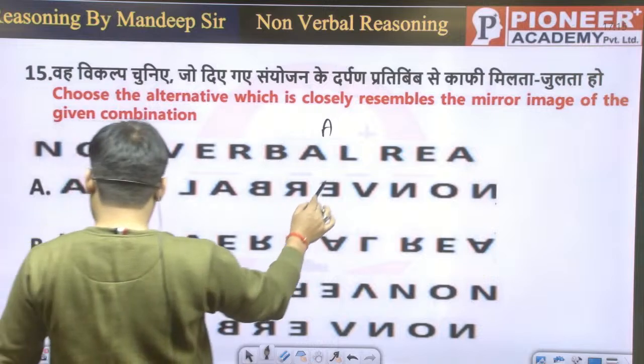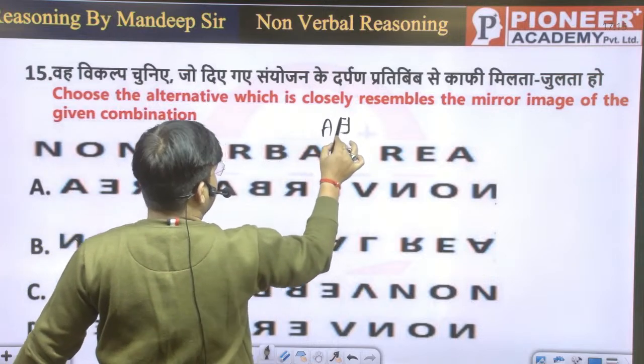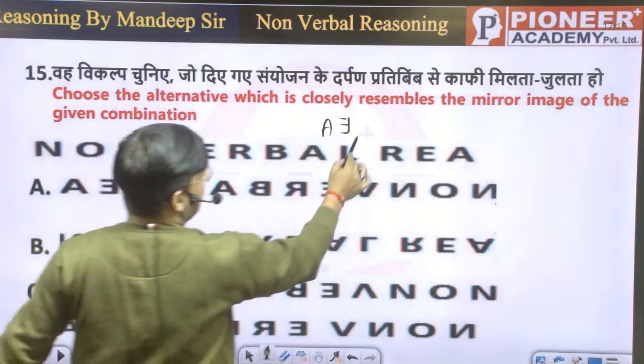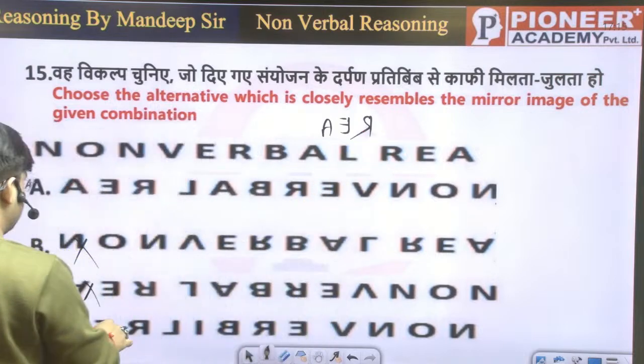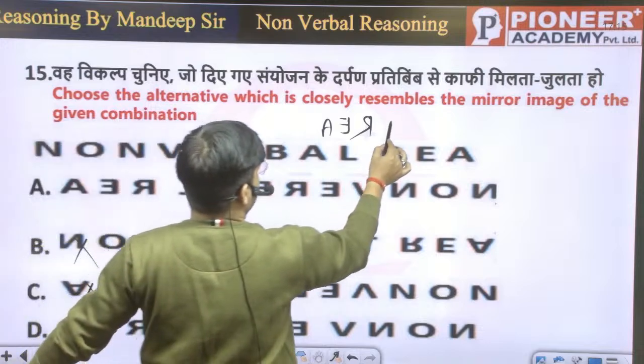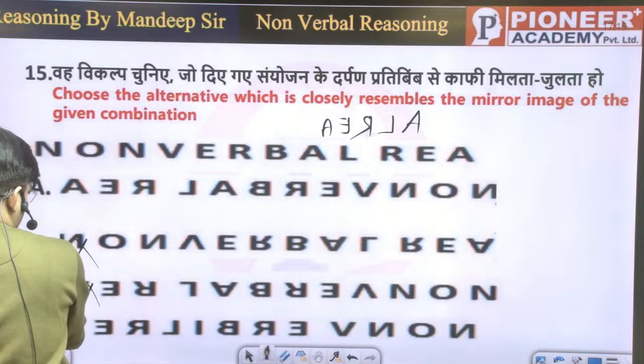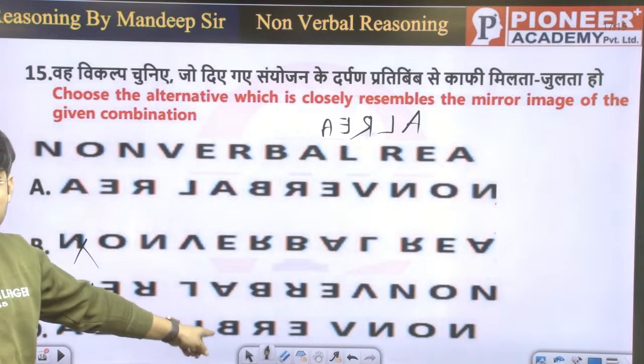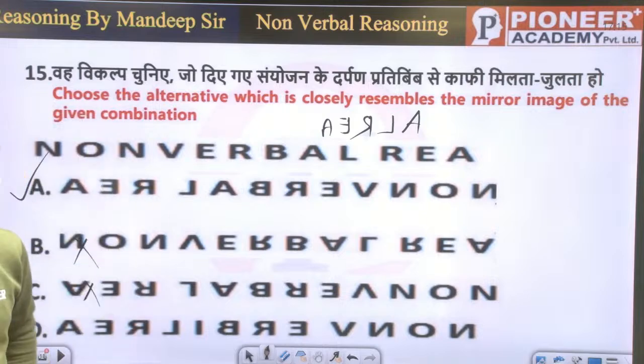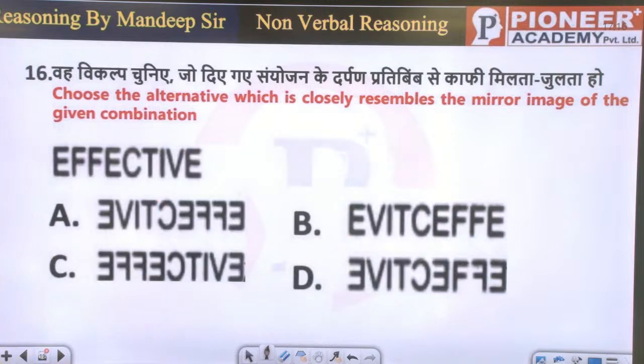A and E, A, E, and then R, then R, and then L, and then we need A. After L, in the D option we got I. So it's wrong. Option A is the correct answer. Is it done? Please give the answer of this question.